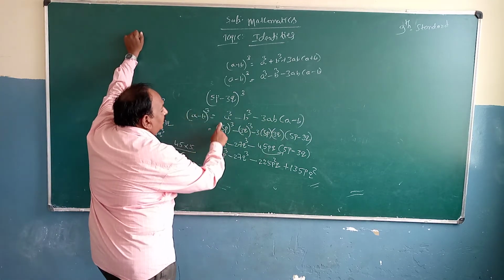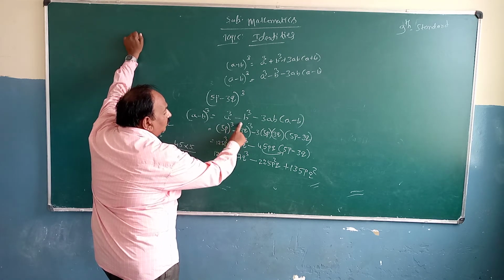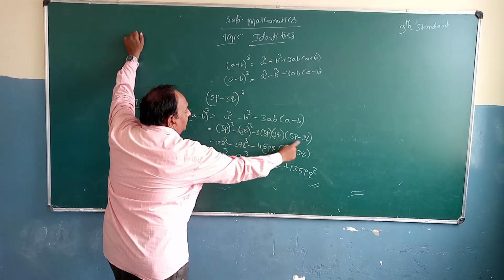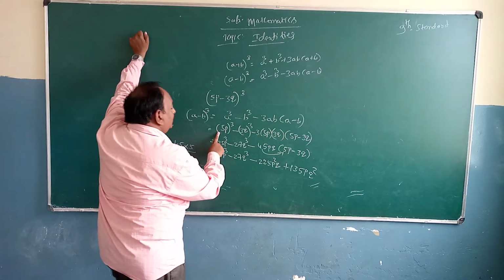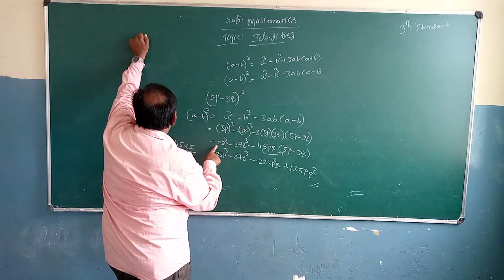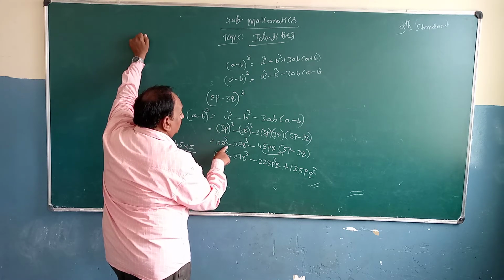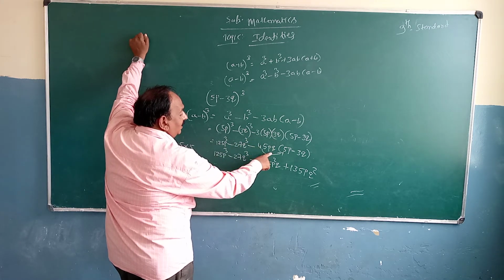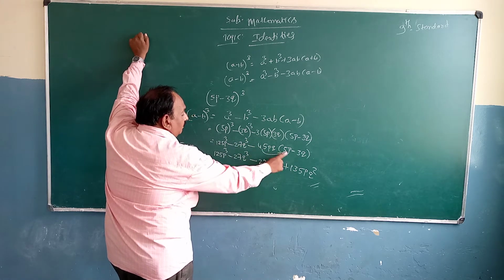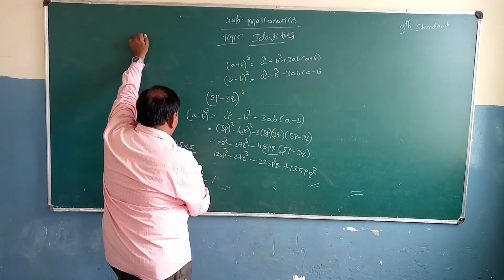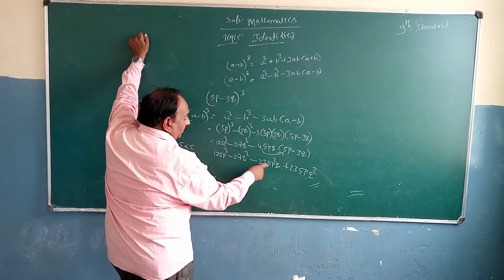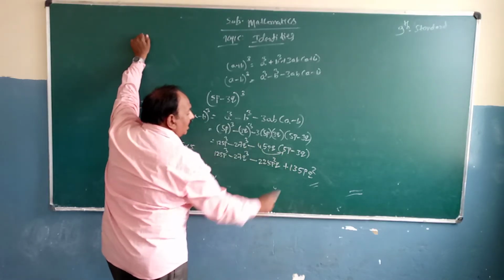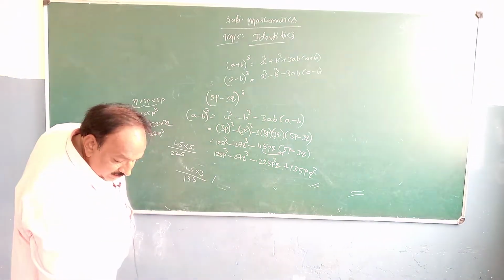A is 5p whole cube minus 3q whole cube minus 3 into a is 5p, b is 3q, into a minus b, 5p minus 3q. 5p is multiplied 3 times, 5 5s are 25, 5 25s are 125 p cube, 27 q cube. 5 3s are 15, 15 3s are 45 p q into 5p minus 3q. 45 5s are 225, p into p, p square, minus into minus plus, 45 3s are 135 p q square.